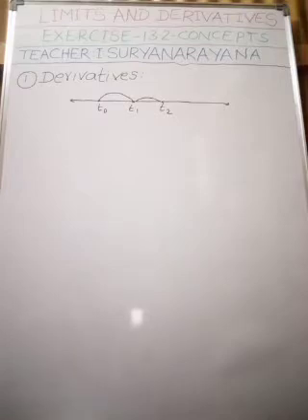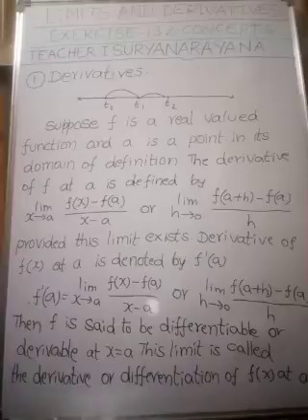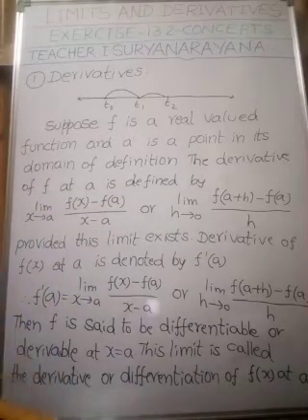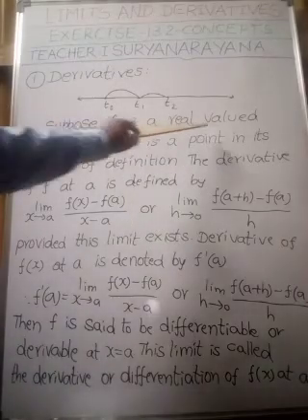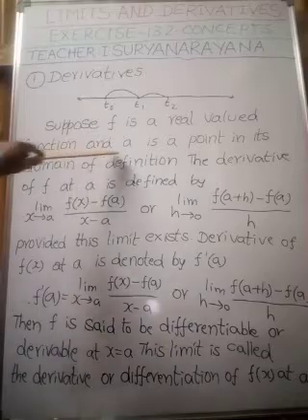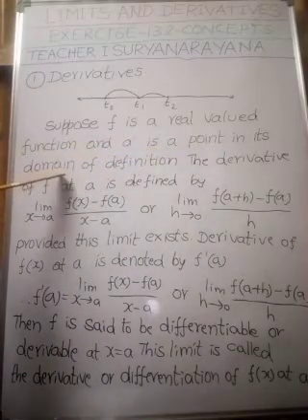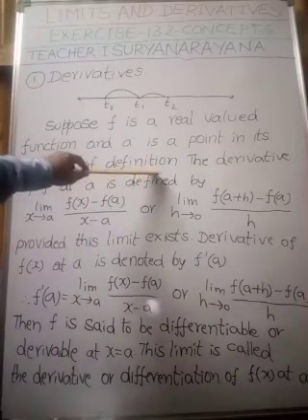Now let us define what is meant by derivative of a function at a given point. Definition of derivative of a function. Suppose f is a real valued function and a is a point in its domain of definition.